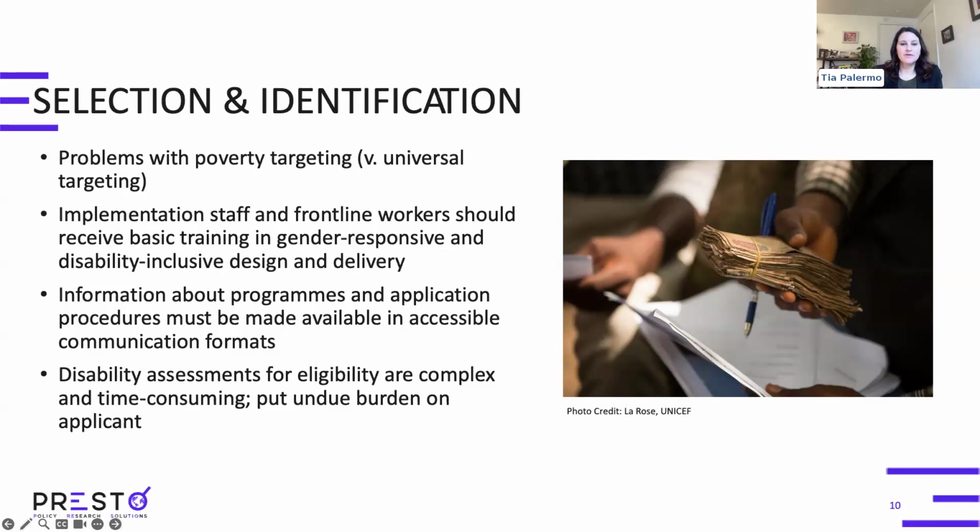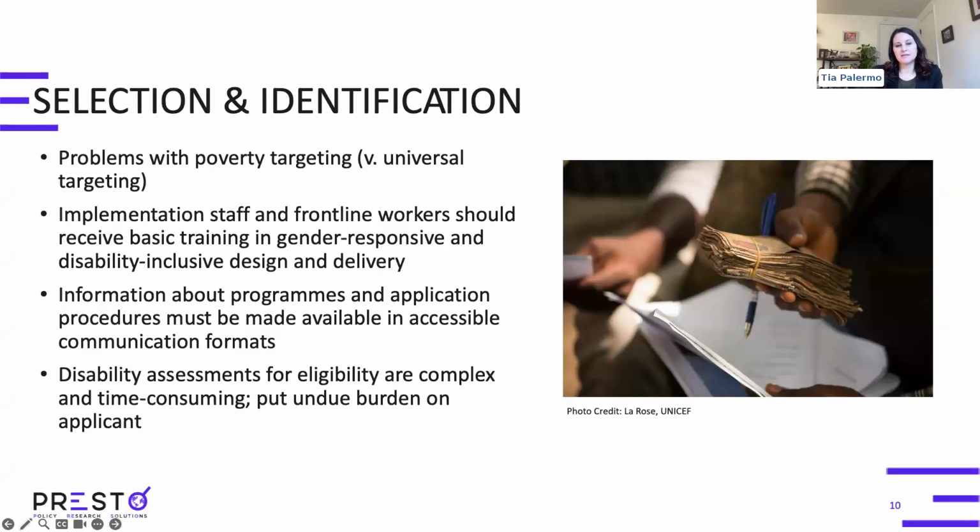Implementation staff and frontline workers working in social protection programs should receive basic training in gender responsive and disability inclusive design and delivery. Information about programs and application procedures should be made available in accessible communication formats, including Braille and other formats.